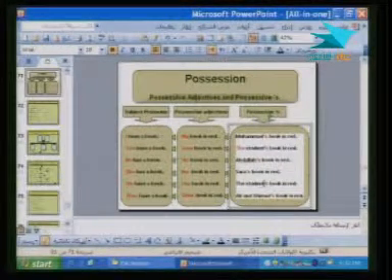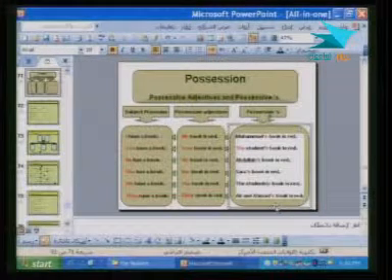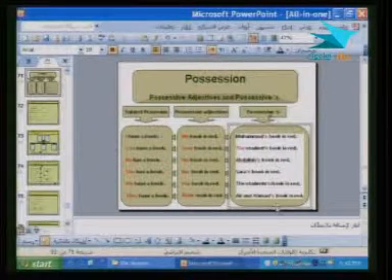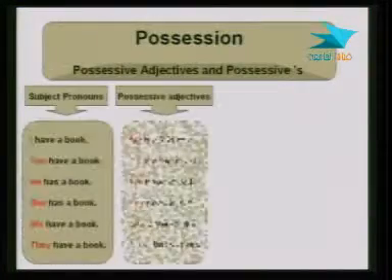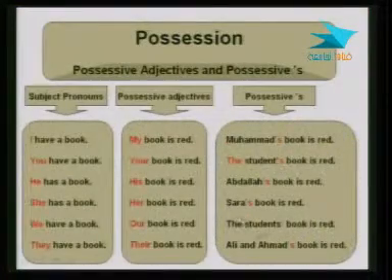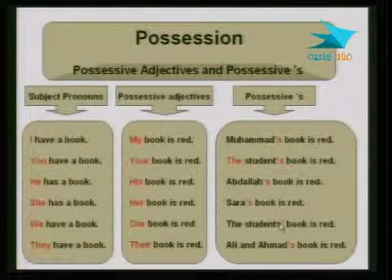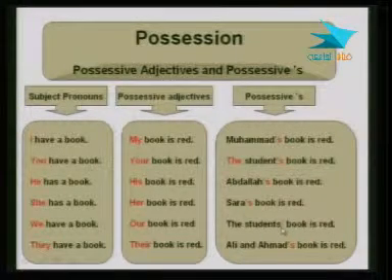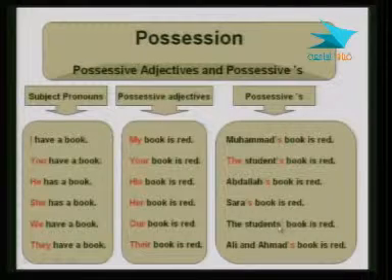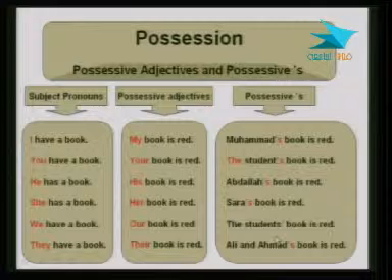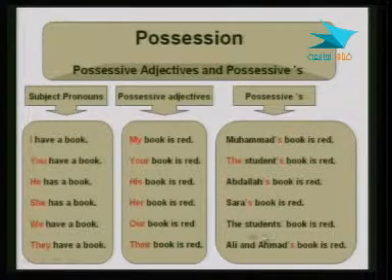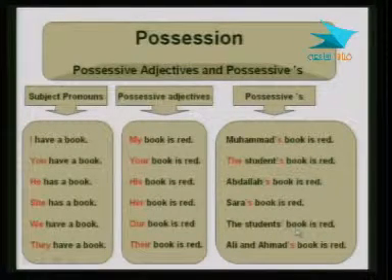You'll see the difference here. Because it's plural, all right, we do not add another S, right? We say the students, and we add the apostrophe only, and then the thing that they own, that belongs to them. Like the book.